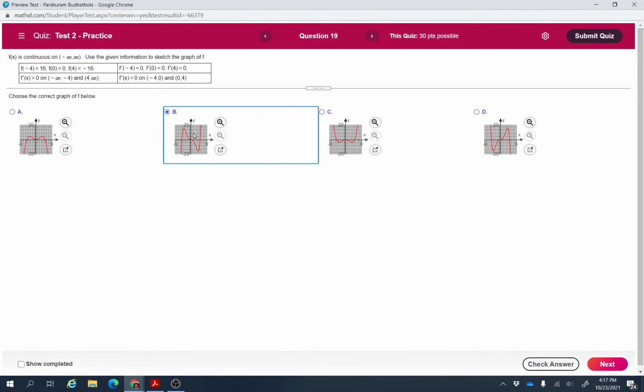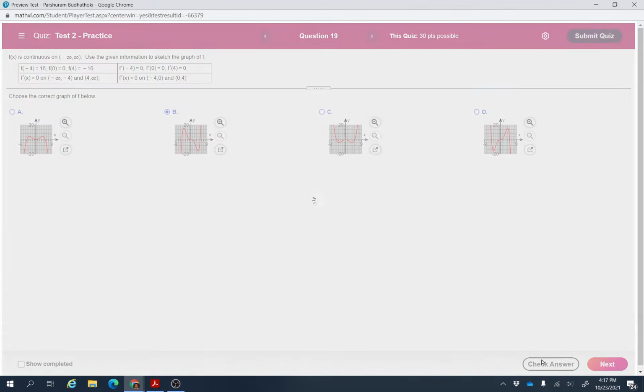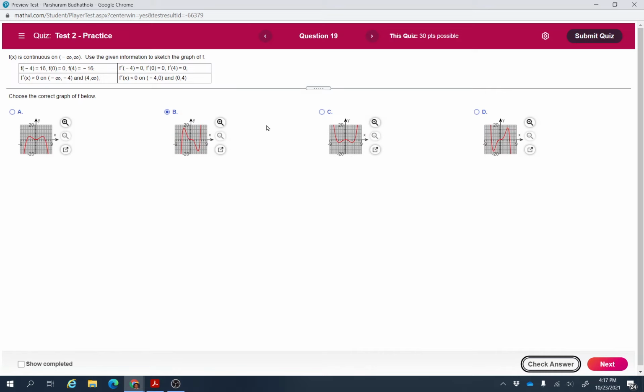You can already choose your answer just by looking at the choices given, without worrying about the derivative. But if this is not enough, then you go to the next step and look at the derivative of the function: where it's 0, where it's increasing, where it's decreasing, and then you choose the right answer.